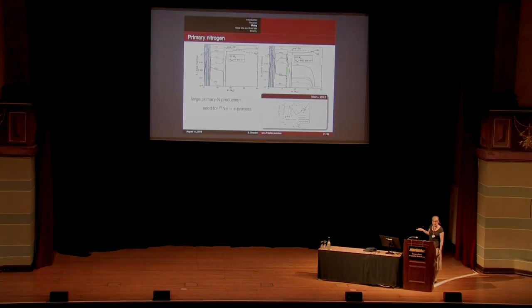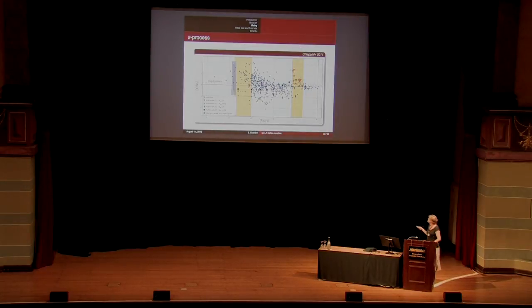Yoon et al. have different physics in their models. They do not have these flashes, but still their fastest rotators, the yellow dots here, reach the same amount of nitrogen production as my models, because of this chemically homogeneous evolution, actually. Now, if you can make the s-process, you can maybe find it in halo stars, and that's what Chiappini et al. have looked at.